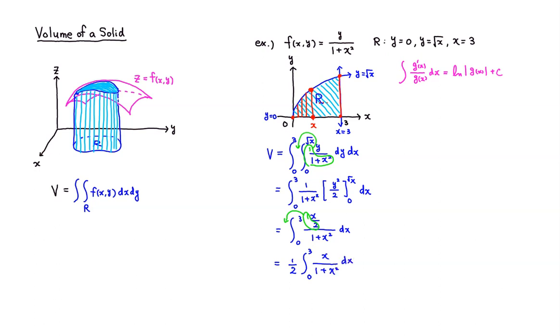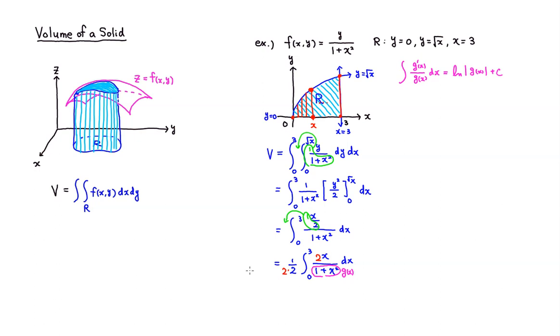What we want to do is see the denominator as g of x, and its derivative happens to be 2x. I have x, I don't have 2, but we can put 2. So I'm going to multiply the top by 2 and multiply the bottom by 2, so we don't change anything.